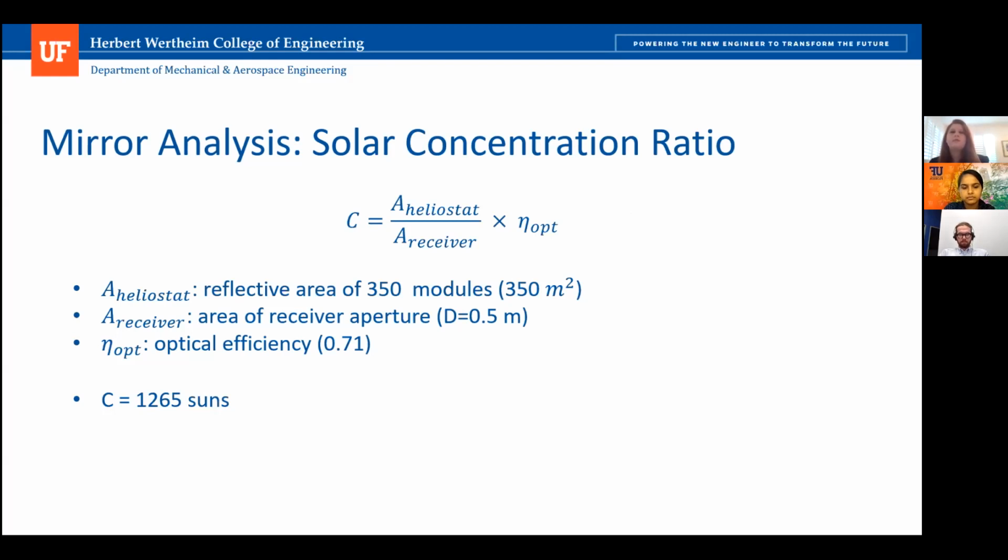Thus, the optical efficiency was calculated as previously to be 71%, and the solar concentration ratio is found to be 1,265 suns, which also exceeds the customer need of at least 1,000 suns. Next slide, please.